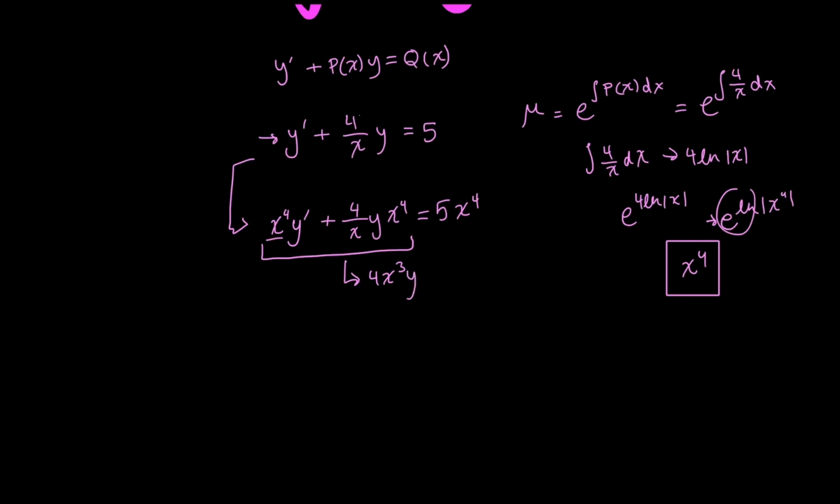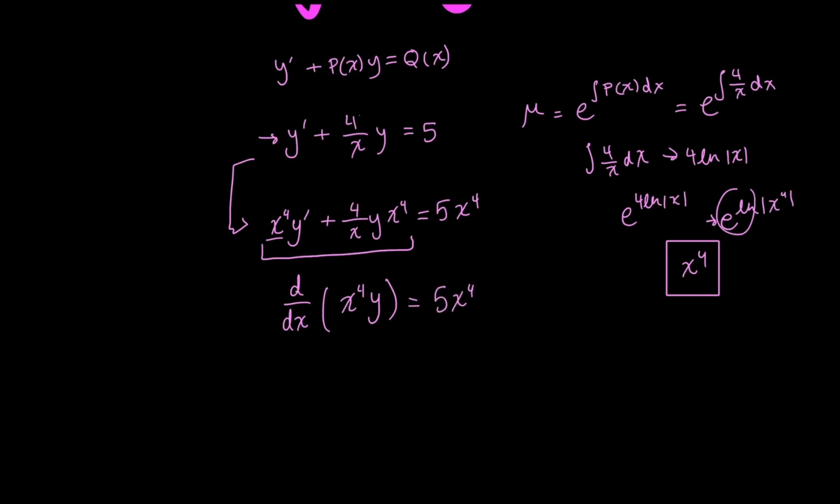Which is equal to the derivative of x to the power of 4 multiplied by y. So that is the product rule of x to the power of 4 times y. So I could just rewrite this as one term, which is the derivative of x to the power of 4 times y equal to 5x to the power of 4.